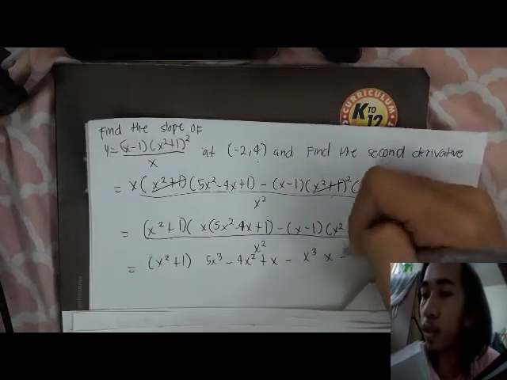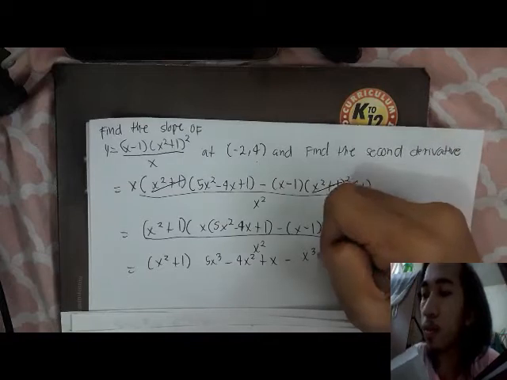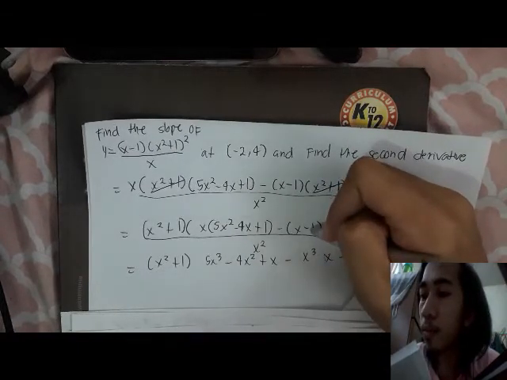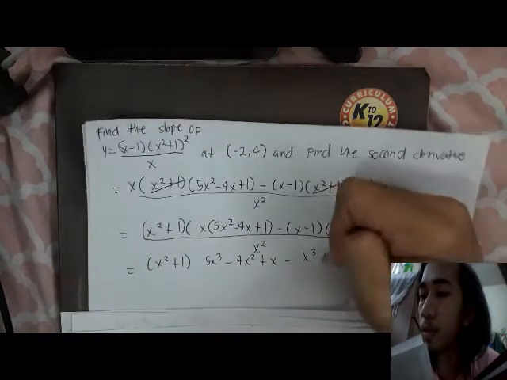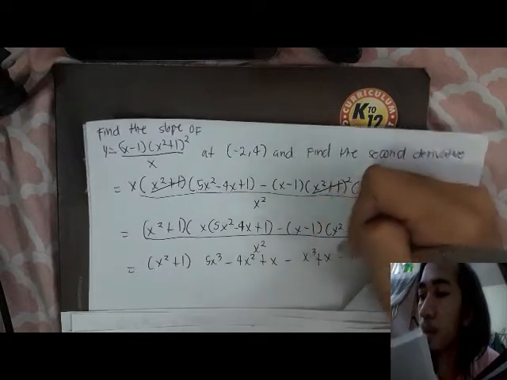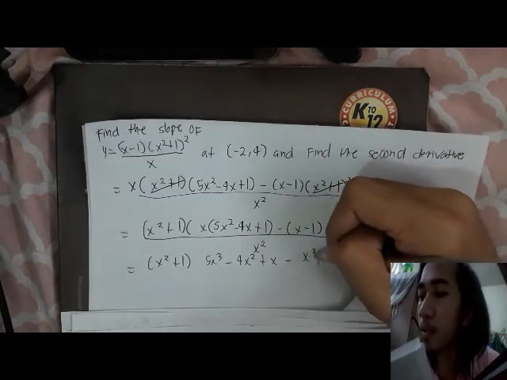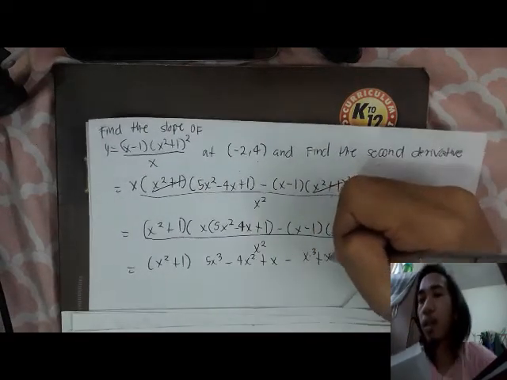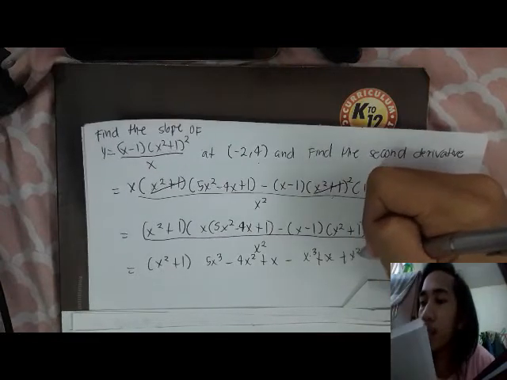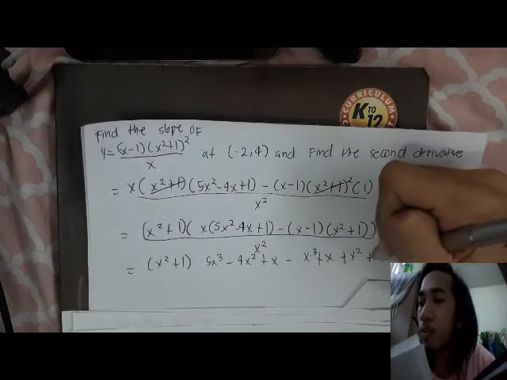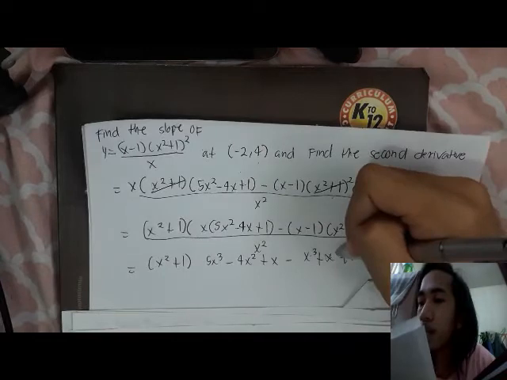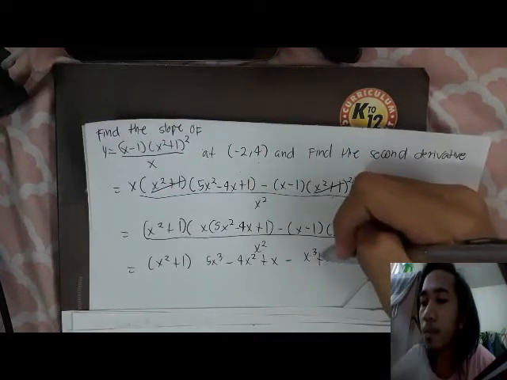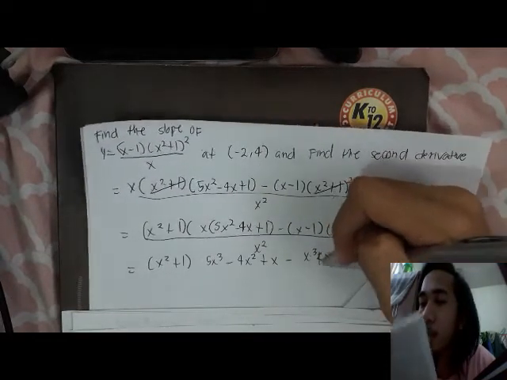Distribute signs. So, magiging negative ang x cube. Magiging positive ang x squared. Magiging positive ang x. Teka, negative pala ito.